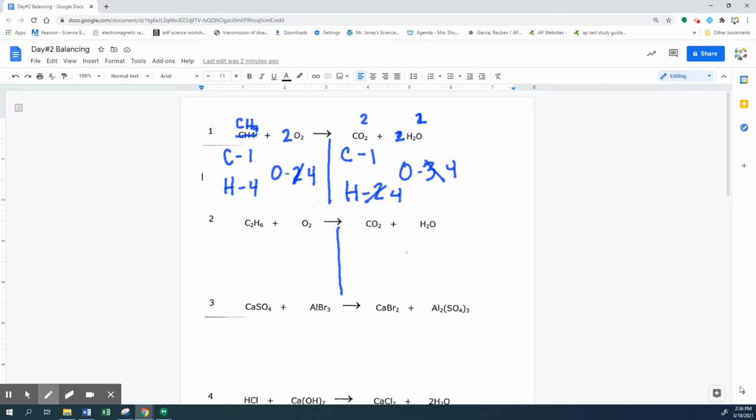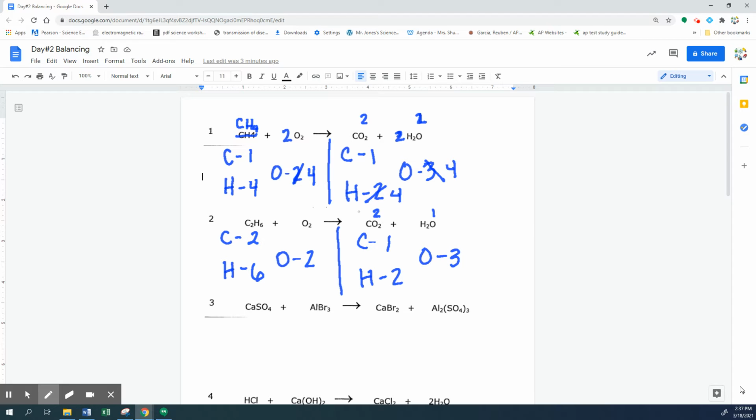My next homework problem, I have the same 3 elements, carbon, hydrogen, and oxygen. Count them. Remember, with my oxygen, I have 2 from the carbon dioxide and 1 from the water.